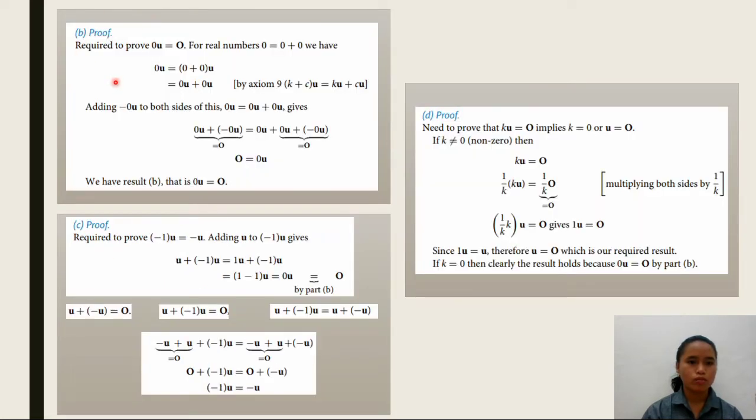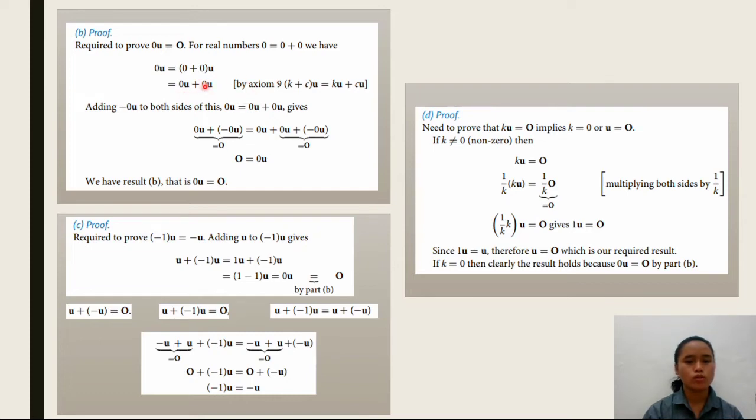So B, proof of B. Required to prove 0u equals 0 for the real number 0 equals 0 plus 0. We have 0u equals (0 plus 0)u, so equals 0u plus 0u.